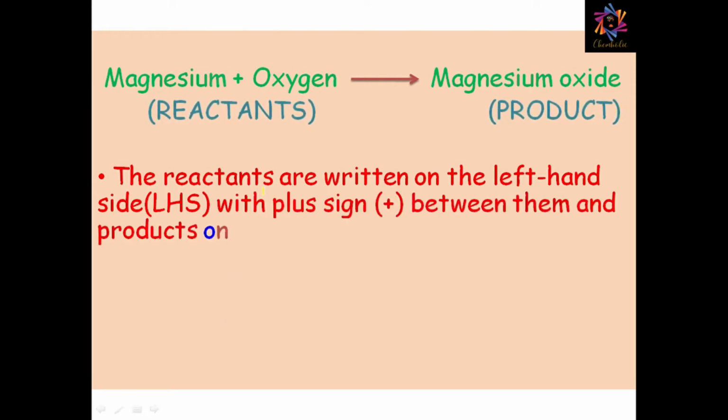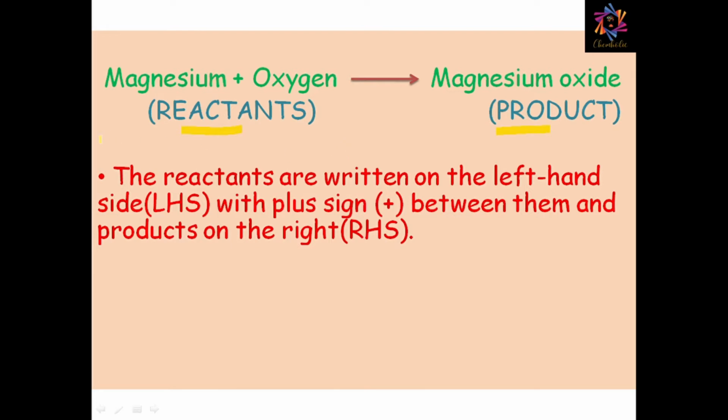Reactants are actually the ones which are written on the left hand side. So guys, this is your left hand side, and these are the reactants which are written on the left hand side of chemical equations, and the products are the ones which are written on the right hand side of the chemical equations.